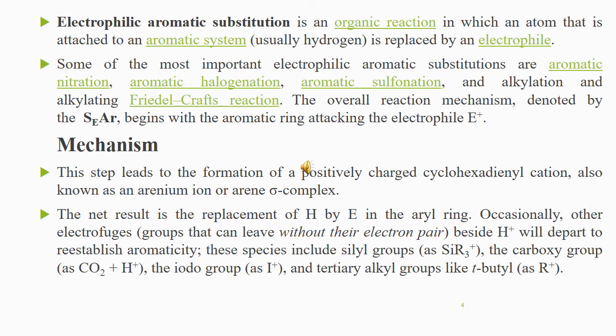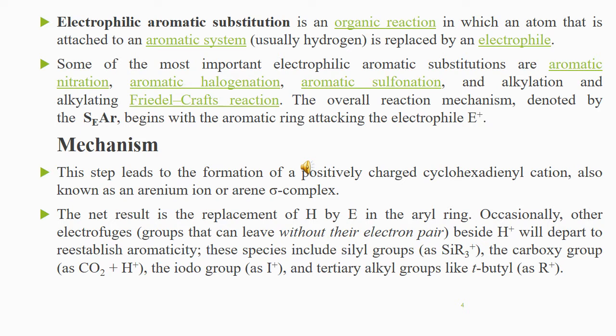Electrophilic aromatic substitution is an organic reaction in which an atom that is attached to an aromatic system, usually hydrogen, is replaced by an electrophile. So what are we saying?